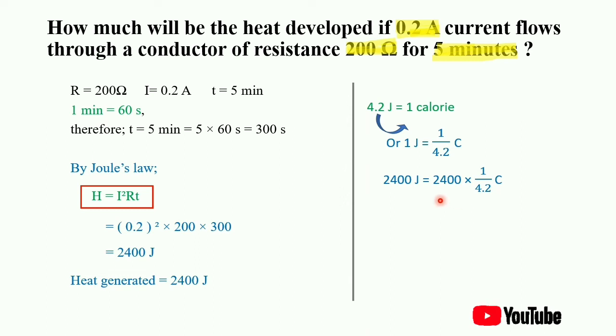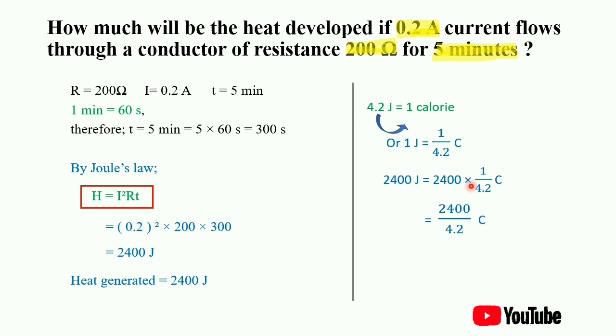So, what about 2 joule? 2 joule will be equal to 2 into 1 by 4.2 calorie. 3 joule will be equal to 3 into 1 by 4.2 calorie. Then the value we got here is 2400 joule, isn't it? So converting this value into calorie, 2400 joule will be equal to 2400 into 1 by 4.2 calorie.